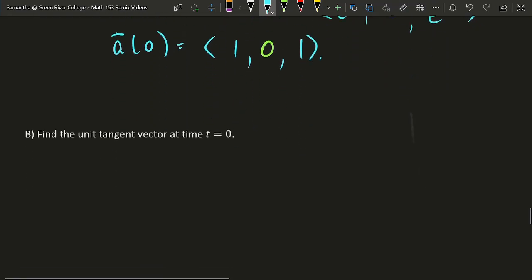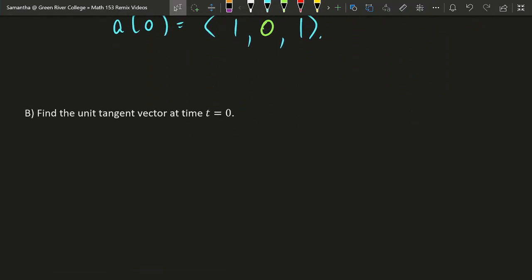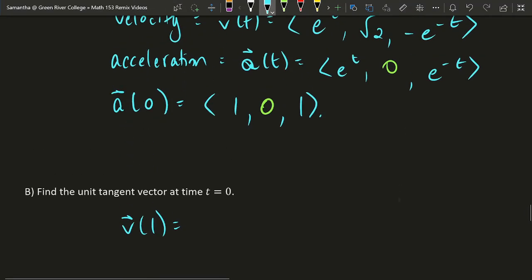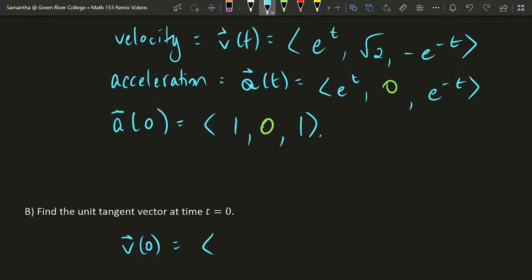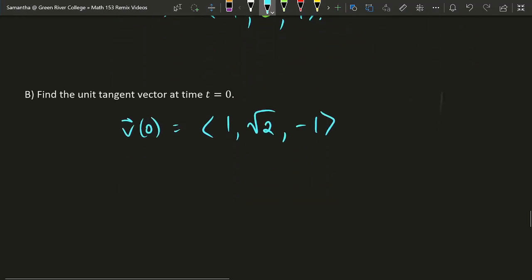Let's also find the unit tangent vector at time 0. The unit tangent vector can be found by taking the regular tangent vector at time 0, which would be equal to e to the 0, which is 1, root 2, and negative e to the 0, which is negative 1.